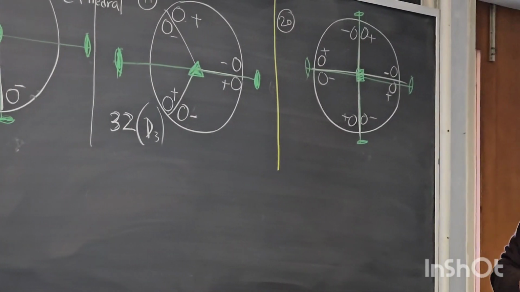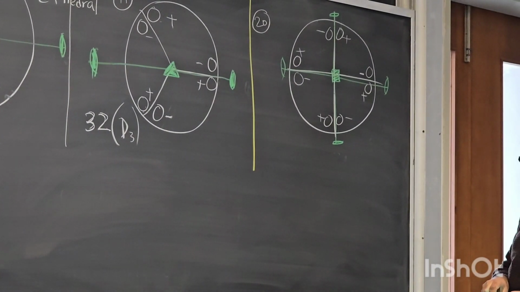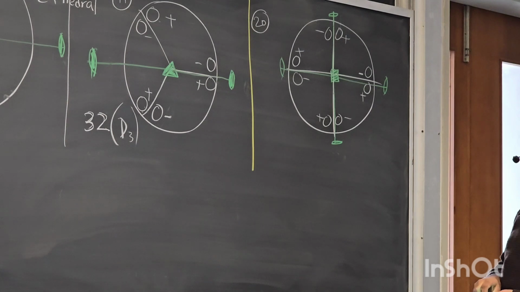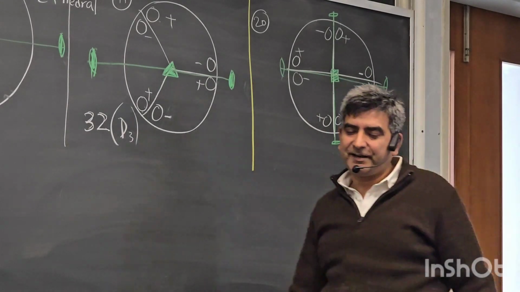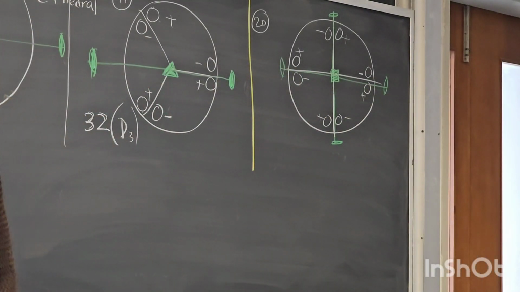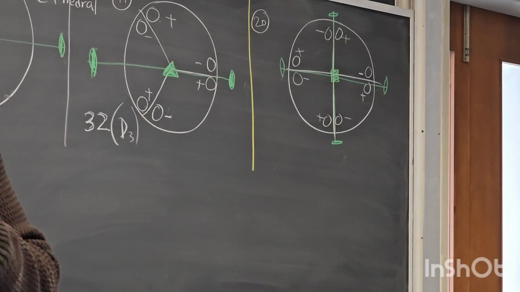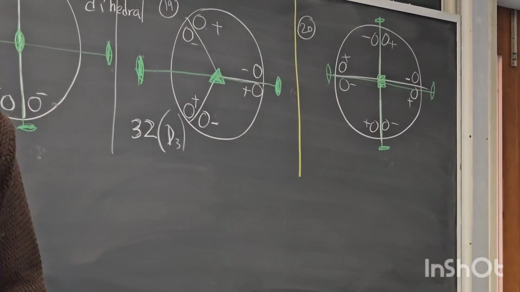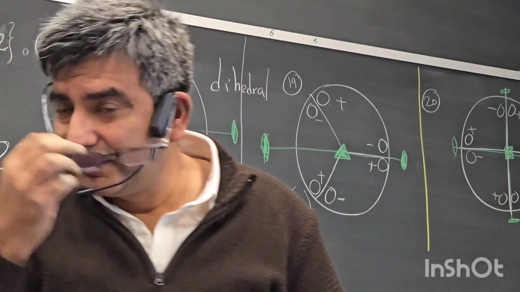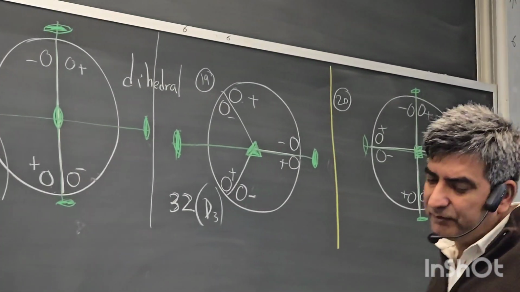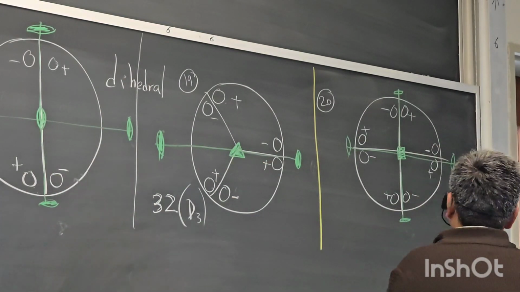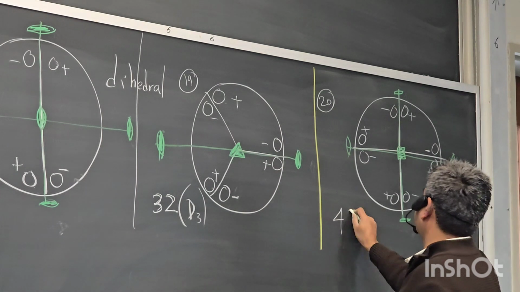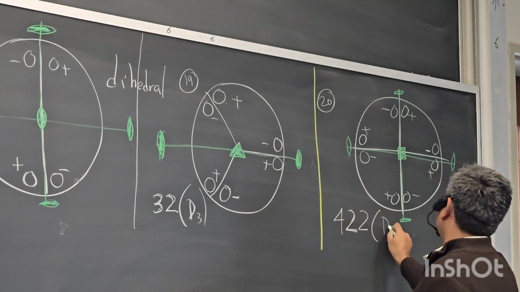Does it generate another axis of rotation? Yes, it does. What about this axis of rotation? Is it an axis of rotation? No, it's not. So the symbol for this: I have 4 axes of rotation and 2 axes of rotation. 4 2 2, D4.